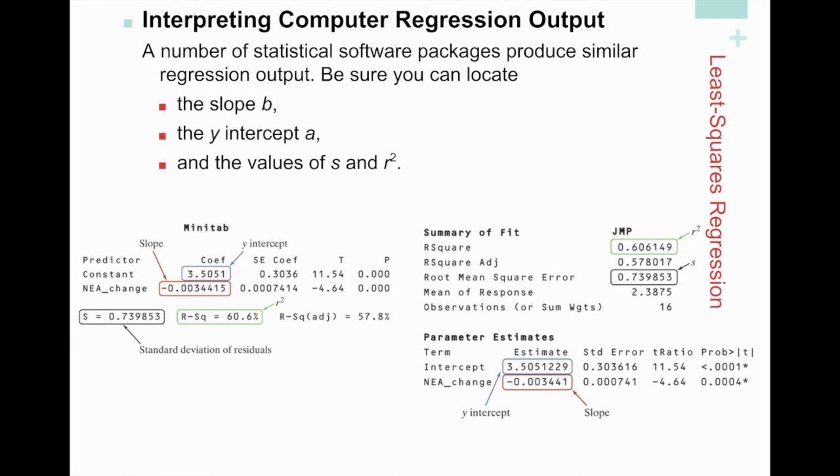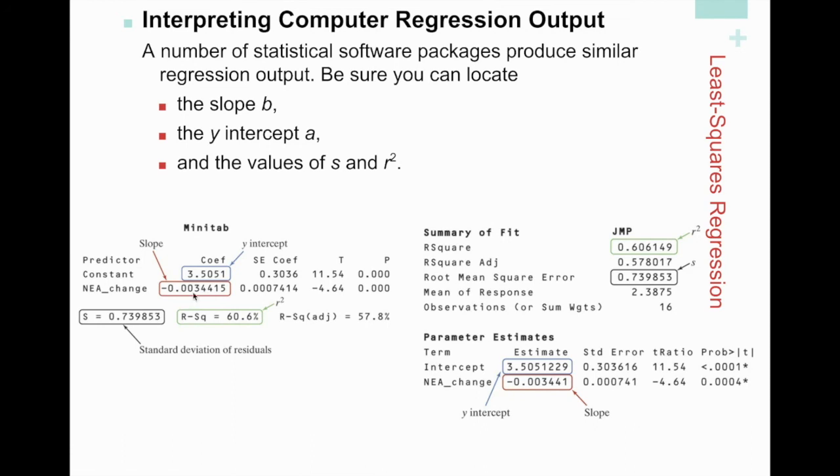The predictor is going to be the NEA change. They're going to have some type of words that relate in context to your actual prediction. So your constant, the coefficient of your constant, that's just your A. That's your y-intercept. So 3.5051.